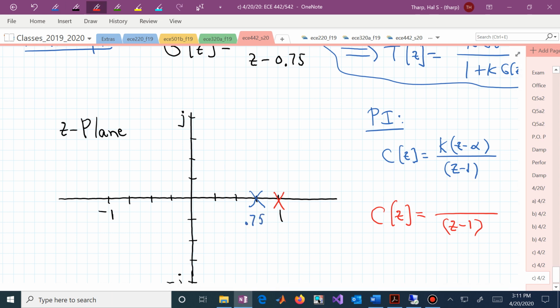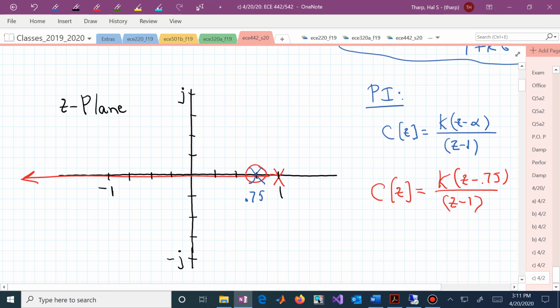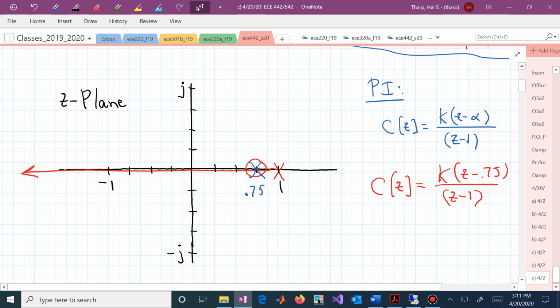Why don't we just let our zero cancel that pole, and now our root locus diagram looks similar to what we had before, but now we are assured of having zero error due to a constant input, and we can locate maybe our closed loop pole there, or maybe we want to put our closed loop pole right at z equal to 1/2.